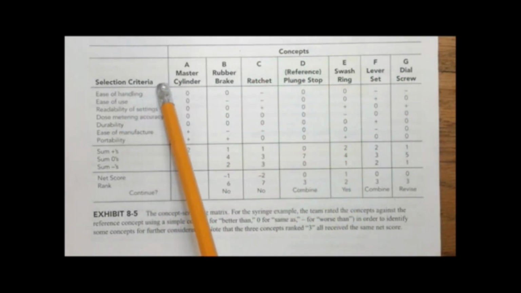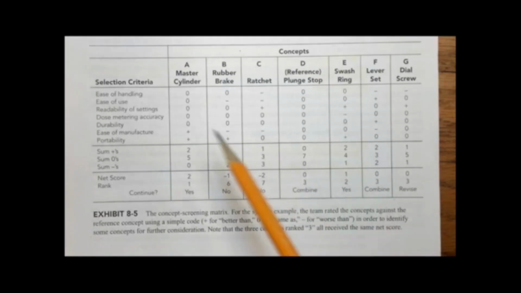And over here we have criteria. So criteria are things that the product must have or possess to be attractive and to be able to be sold. So we have many functional criteria like ease of handling, ease of use, readability of settings. So these all have to do with the kinds of things that are considered desirable when somebody uses the product.